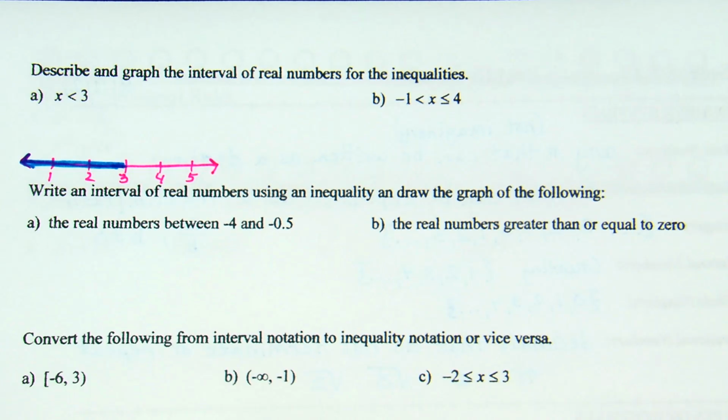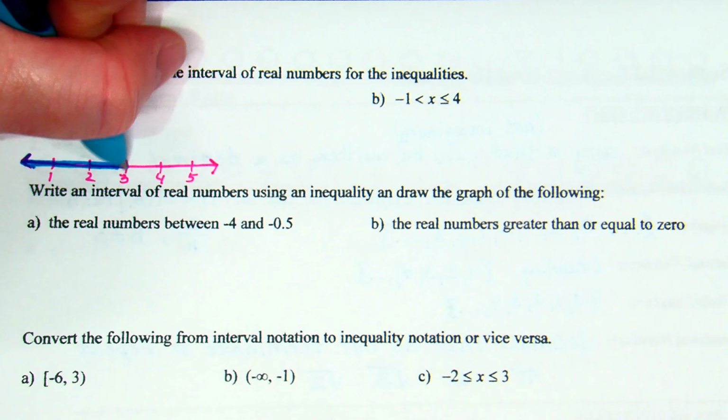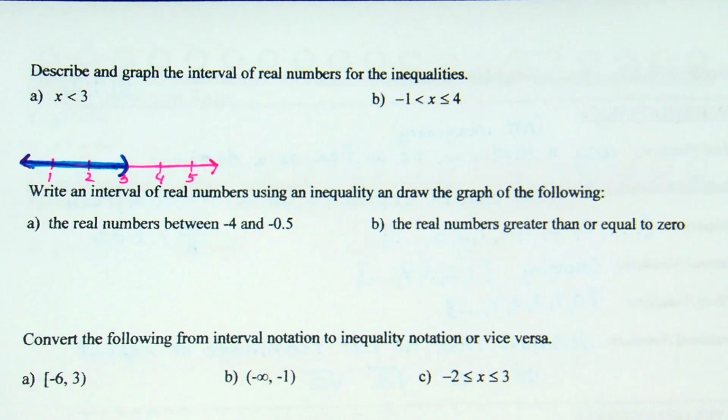However, I'm not using dots. I don't want you guys using dots. We're going to use parentheses and brackets. So 3 is not filled in. The equivalent to an open dot is to use a parenthesis. Your parenthesis curves in to the direction of shading. So that is equivalent to saying x less than 3.